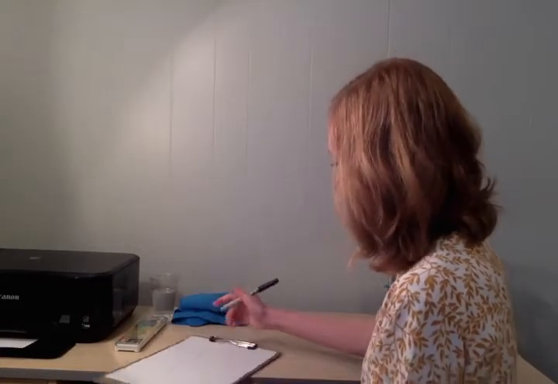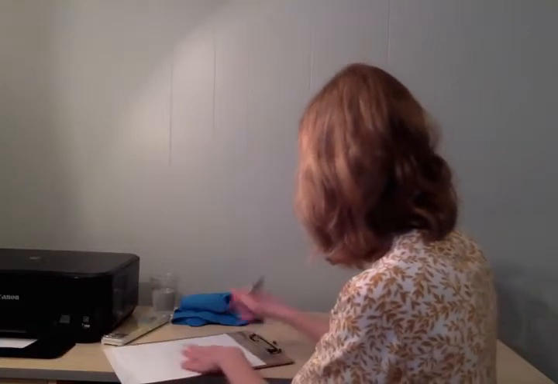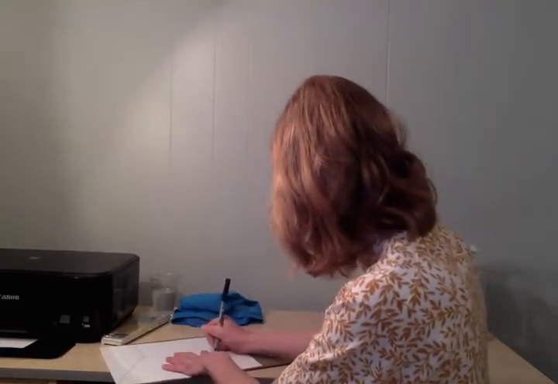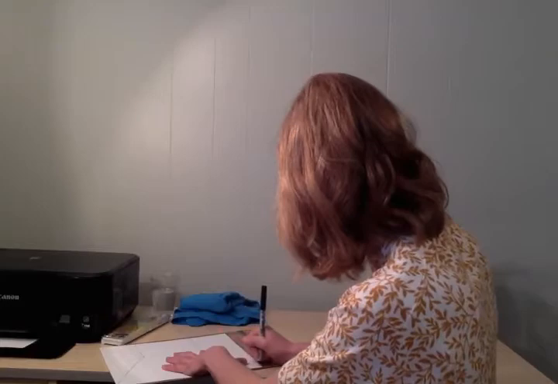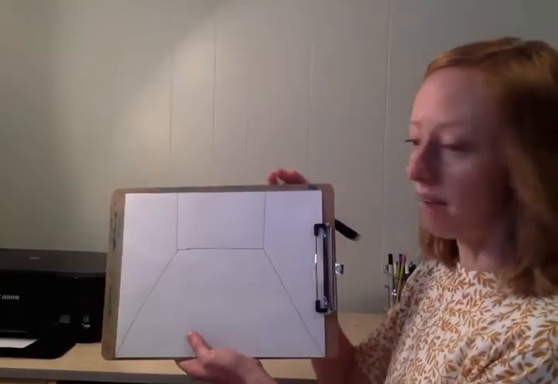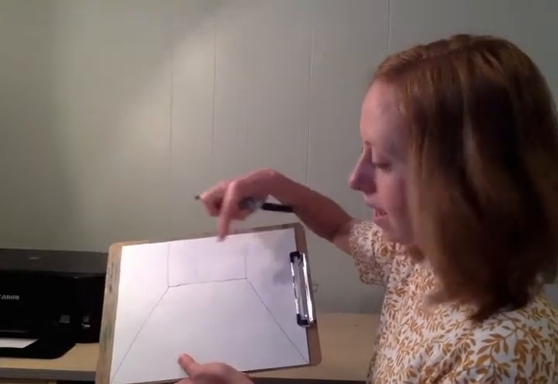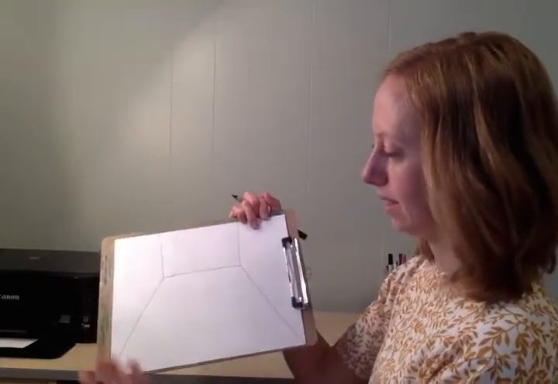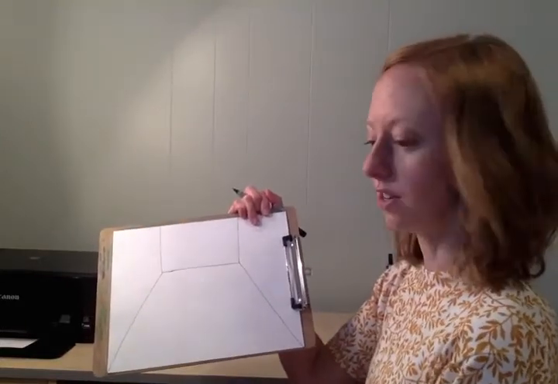It doesn't have to be exact, but it roughly goes down to that corner. Okay, and so now we see we have our other two walls and our floor, and then this is the wall where we are coming into the room.